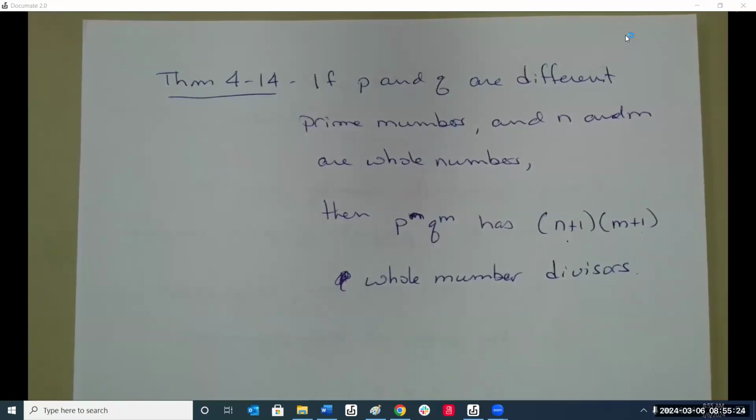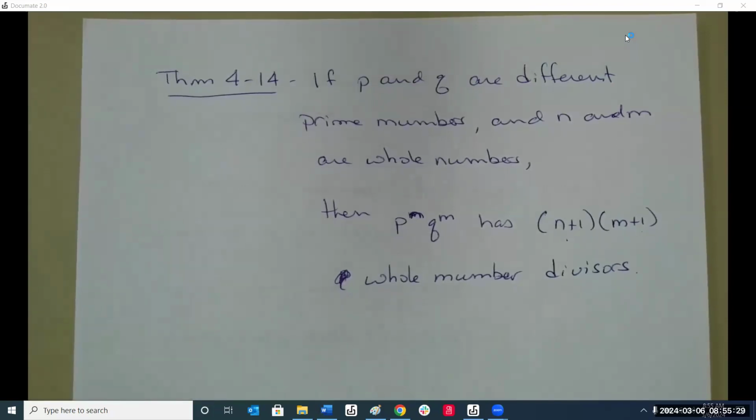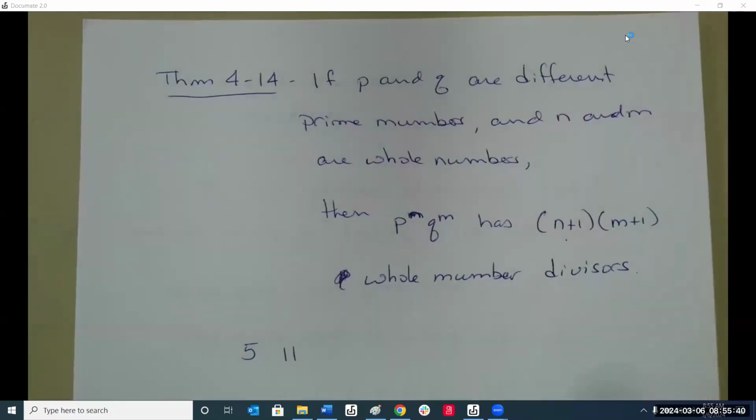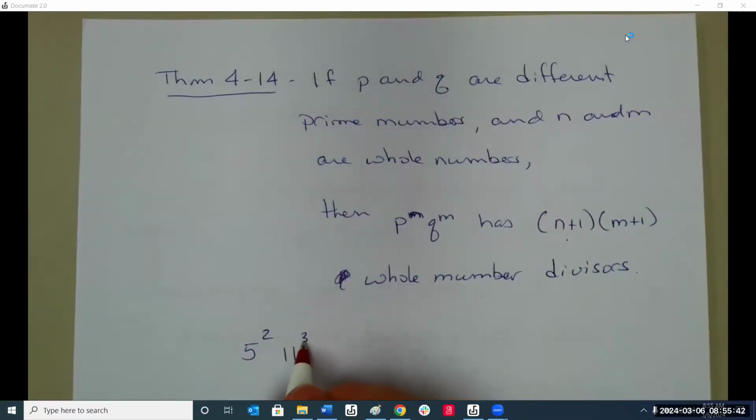Think of what this means. If P and Q are prime numbers, give me an example. Give me 2 prime numbers. 5 and 11. And give me M and N. Let's say 2 and 3.